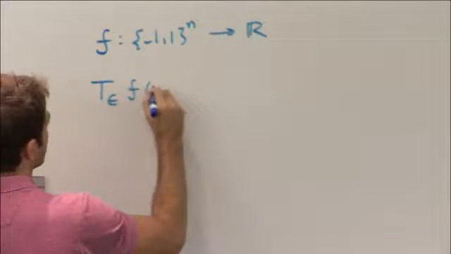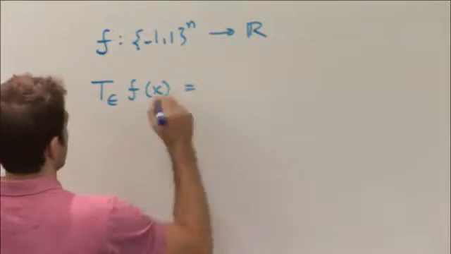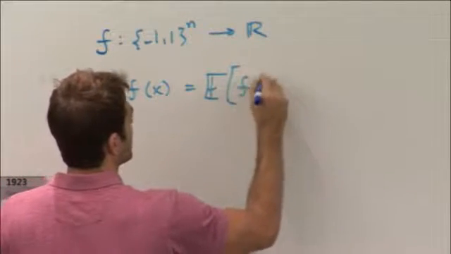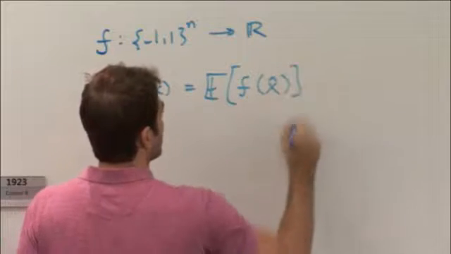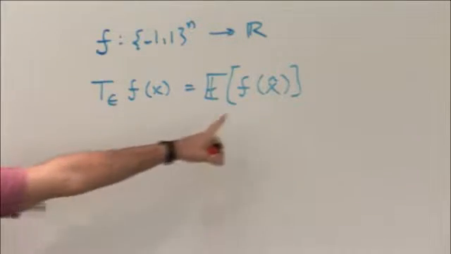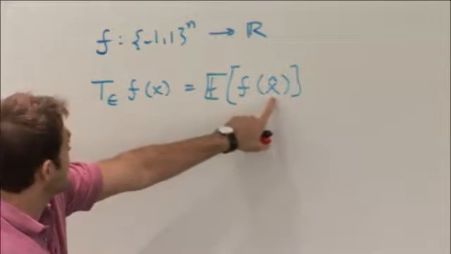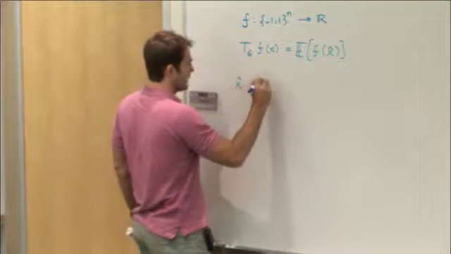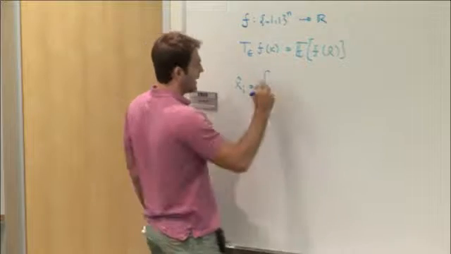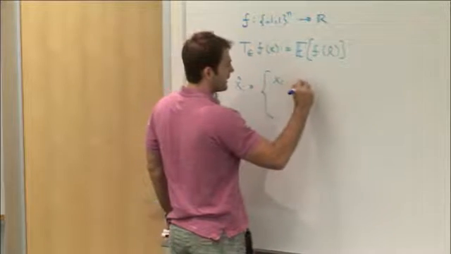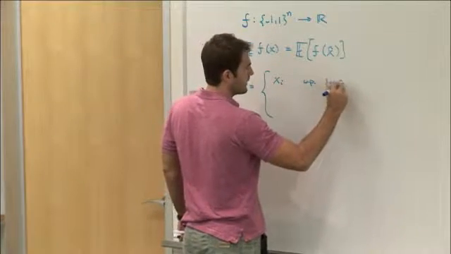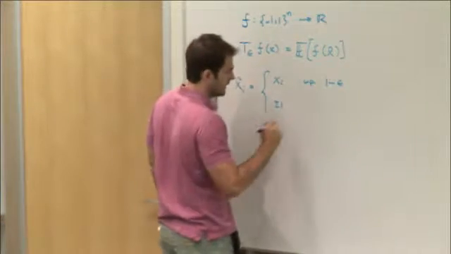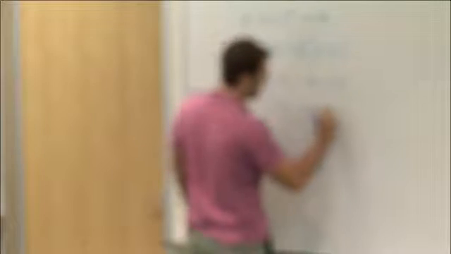So this is an operator which maps f, at a point x, to the expectation over this random point of the hypercube x hat, where x hat is described in the following way. x hat i is going to be x i with probability 1 minus epsilon, and it will just be a random plus or minus 1, independently, with probability epsilon.